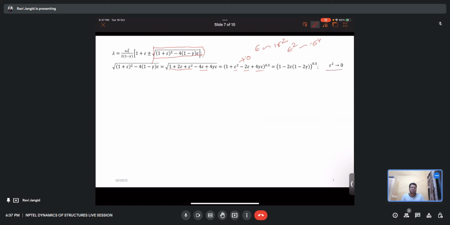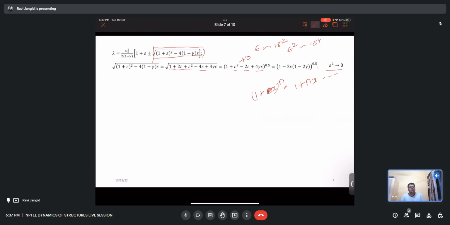Okay, so now we can write our equation, and this we know: (1 + x) to the power n is expanded as 1 + nx and so on.